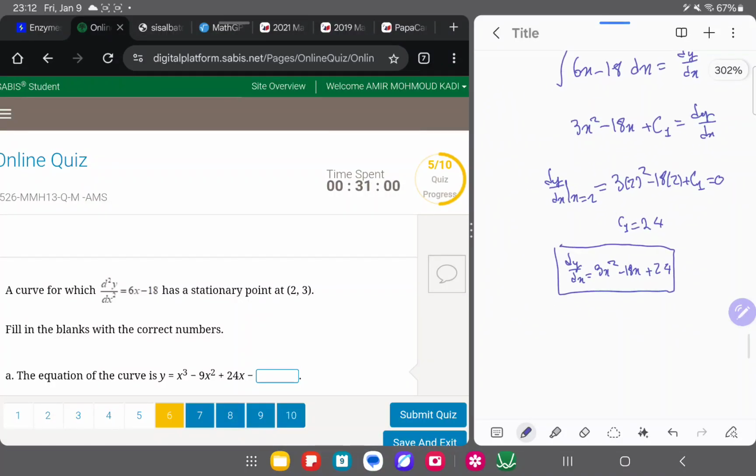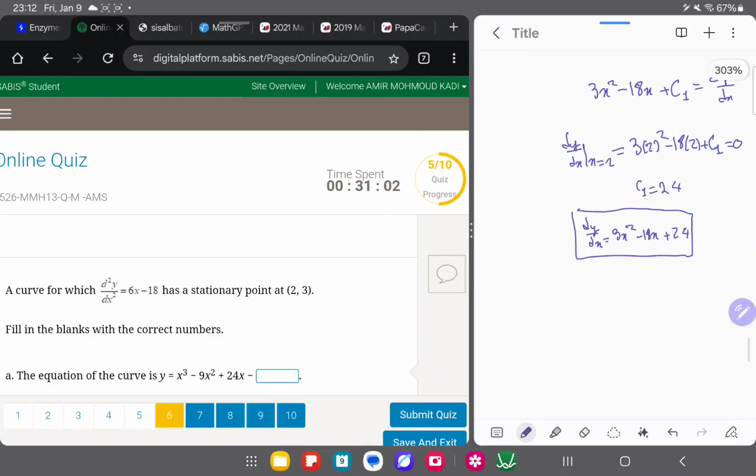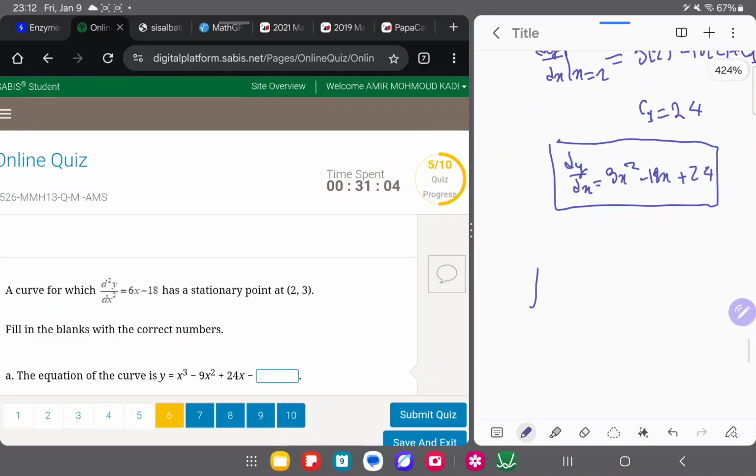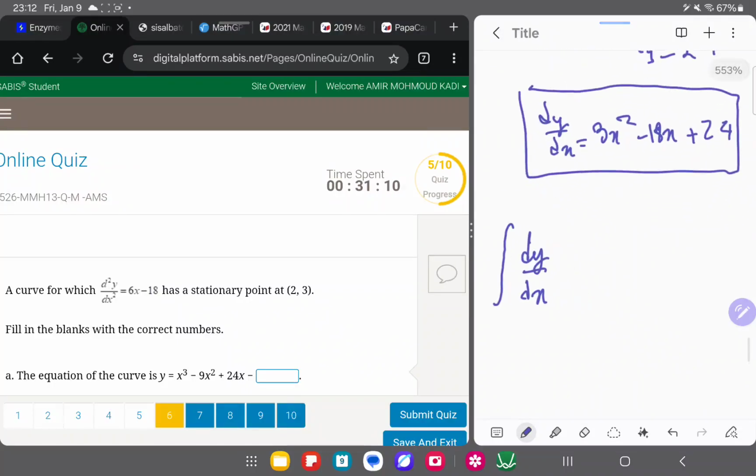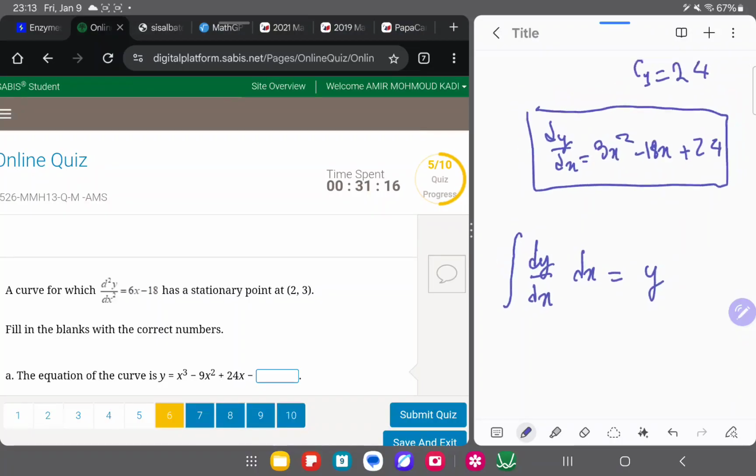Okay, so now that we have this, we'll integrate one last time so we can get the original curve formula. dy over dx integrates to just y.